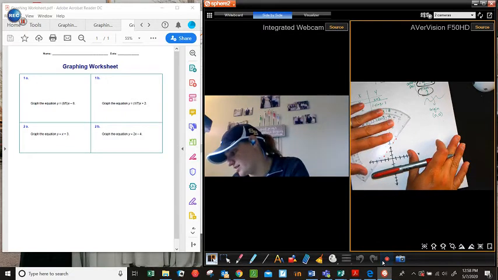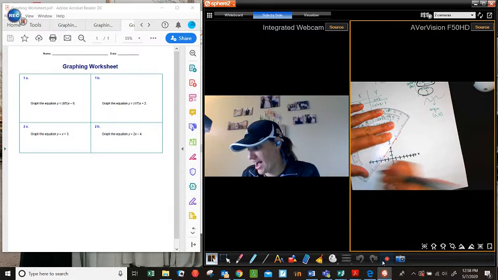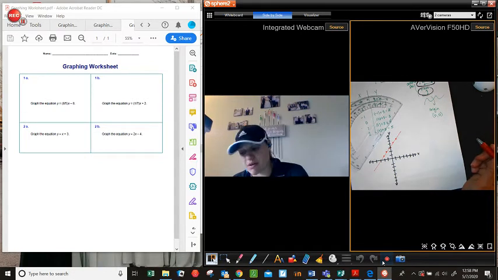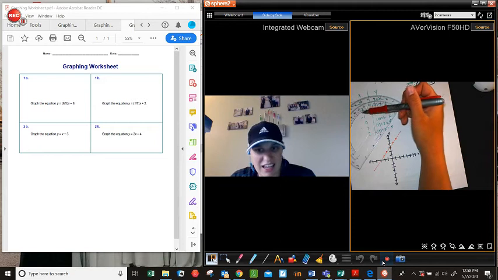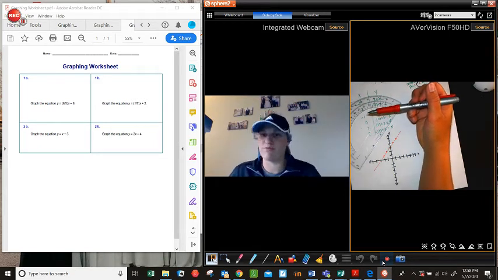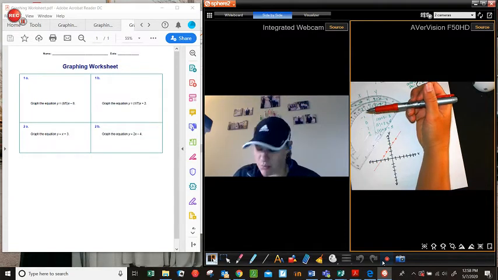So now we're going to connect all these, and it's really important to connect past all of the dots. Don't stop at a dot. Okay, why? Because this line does not stop at those dots. So remember, we could have chosen any x value in the world, negative 100,054, and we could still find a y value to fit that point.